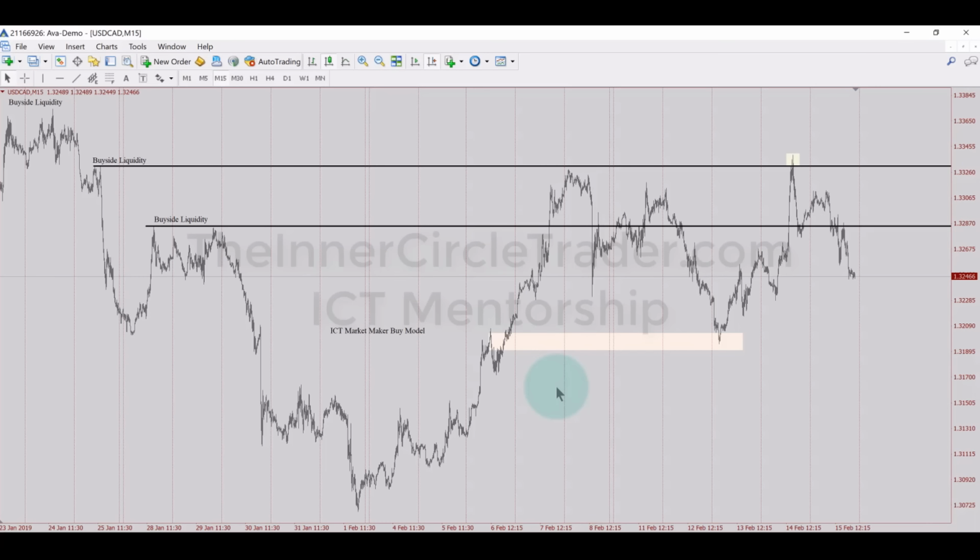Right away, you can see how this pattern or model gives you structure, gives you a framework, and it's a very easy rule-based idea. Here's another example. We have price trading above these equal highs right here. You can be a seller, waiting for it to trade right below this low here, first partial.